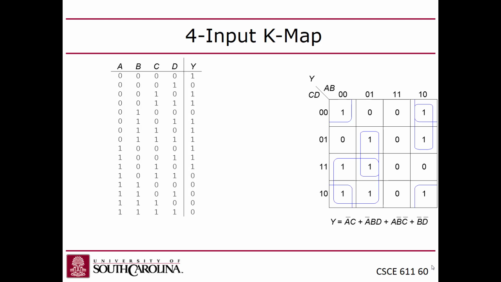As you go from this side to this side, you're changing A, right? Because A is 0 in this corner and A is 1 in this corner. So you would have not B. And likewise, if you look at the rows, C is changing, so you've got just not D. So this four-corner min-term corresponds to not B, not D, right? Yeah, that's this one right here.